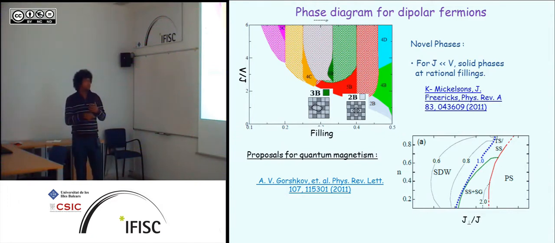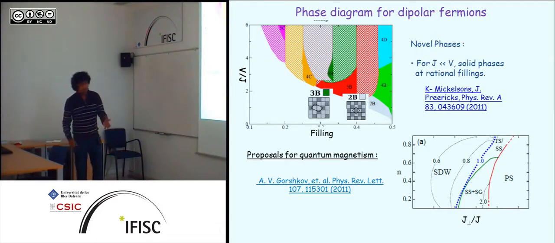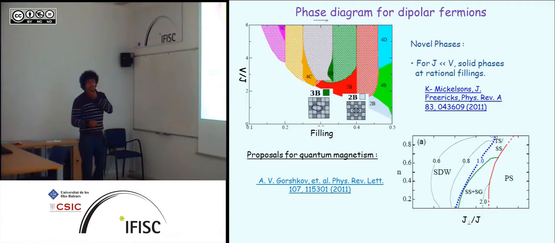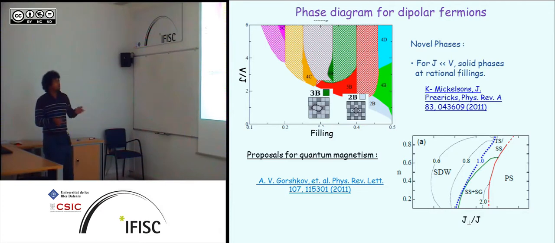They are available, but nobody has trapped them in a lattice and gone to low temperature. That is the problem till now. But people will do it very soon, I think.